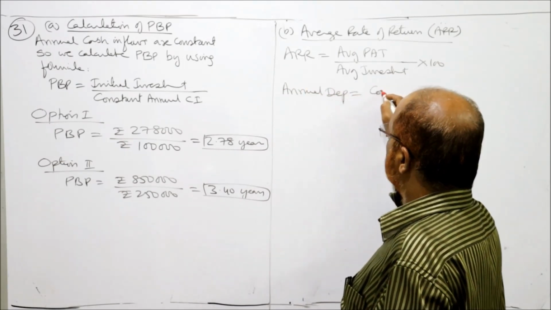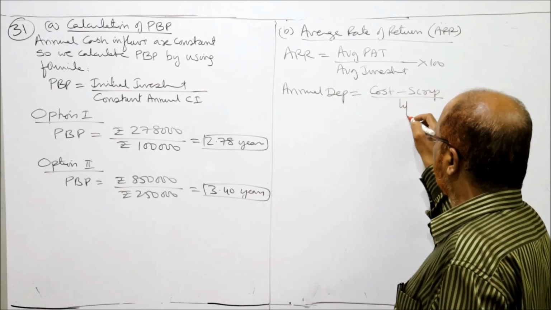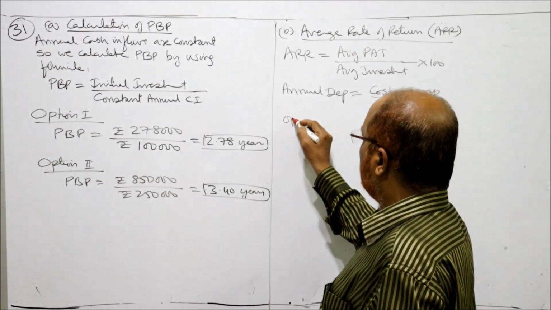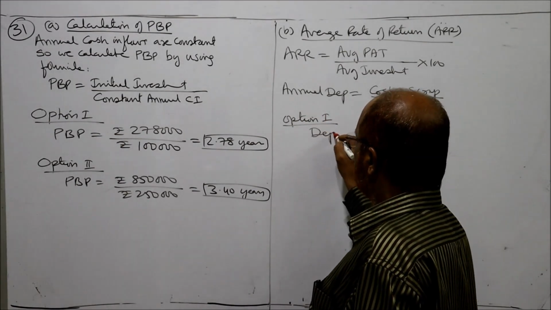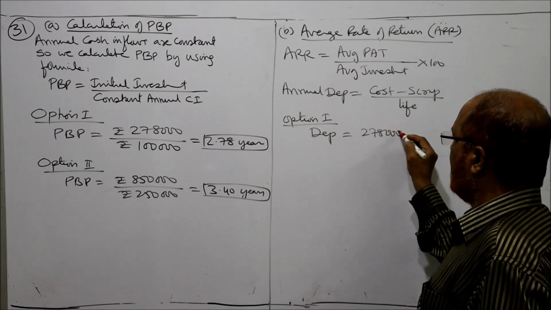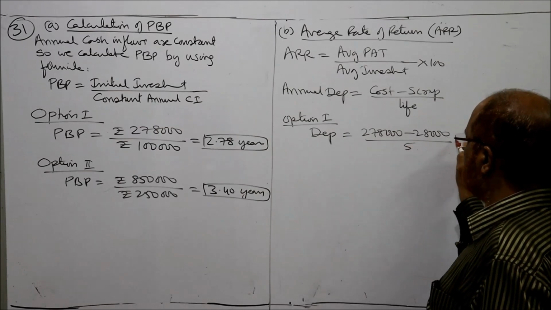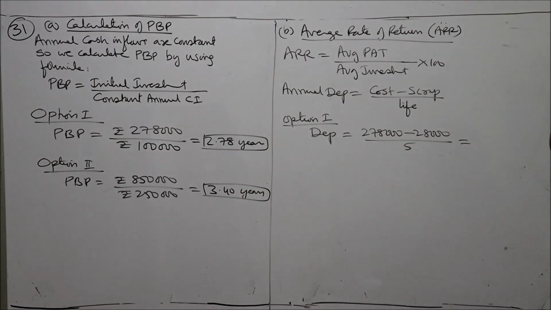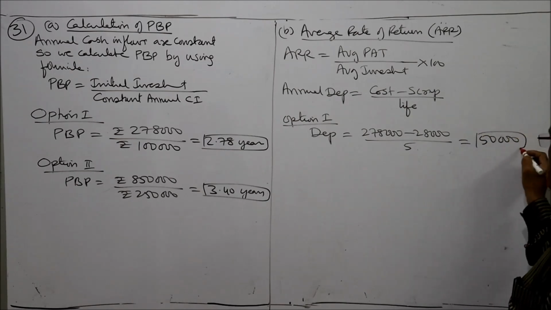Annual depreciation is equal to cost minus scrap divided by life. So for option 1, depreciation is equal to the cost of the first machine, 2,78,000, minus the scrap value of 28,000, divided by life of 5 years. So it will become 50,000.